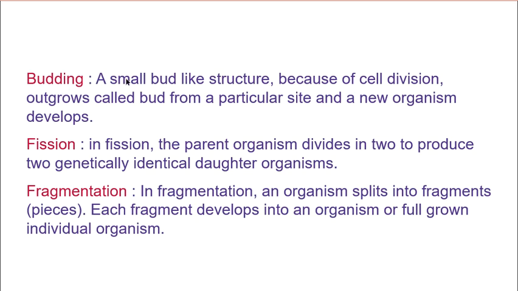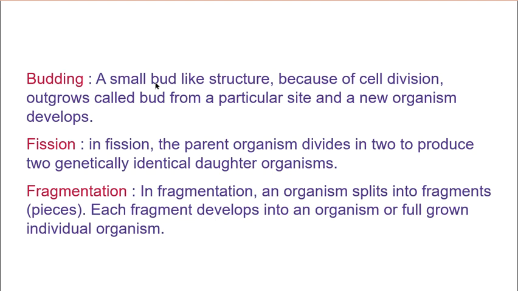Budding: a small bud-like structure, because of cell division, outgrows from a particular site, called a bud, and a new organism develops. Now students, as we are studying reproduction, it means the plant is producing another of its kind. So this is budding. Now what is happening?